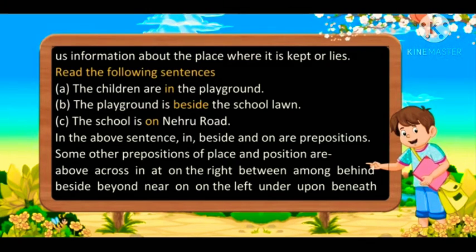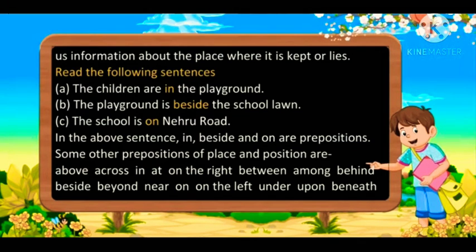Some other prepositions of place and position are, you can see there are a few examples given like above, across, in, at, on the right, between, among, behind, beside, beyond, near, on the left, under, upon, beneath.